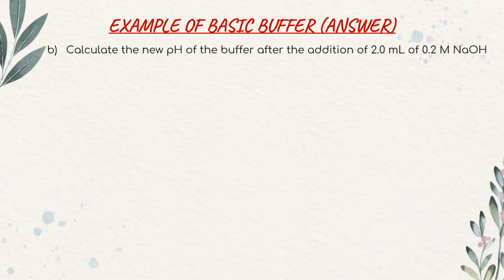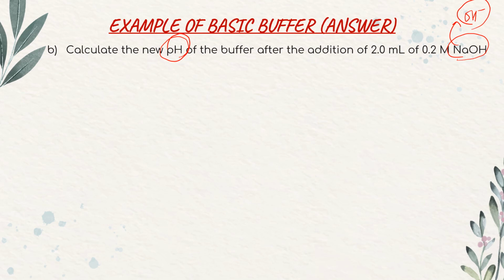So, the next step is to find the new pH. Okay, so we want to find the new pH of the buffer system when we add NaOH, which, as we know, will add OH minus. So how? You need to identify who will neutralize the OH minus.